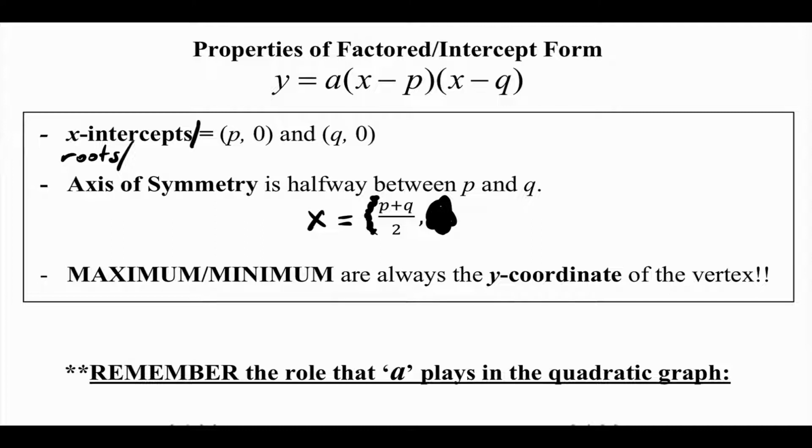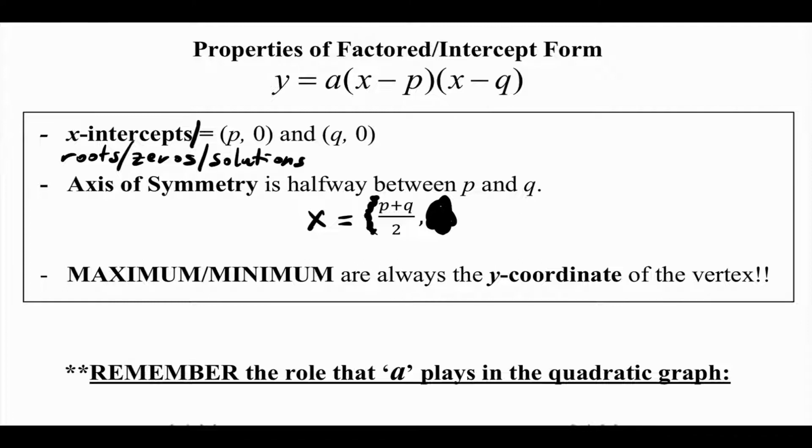What were the others? What was the S word or the Z word? The Z word was zeros, and the S word was solutions. They're all the same. We didn't find those using standard form. With intercept form or factored form, we will be able to find those.